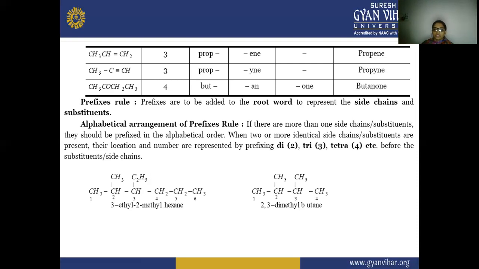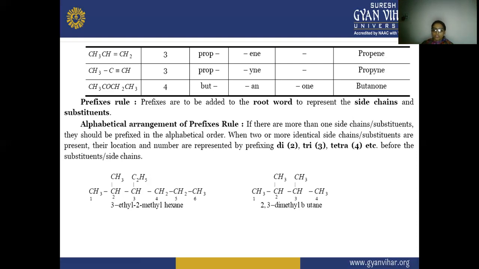Next is CH3CHCH3. In this, on the second and the third carbon atom, methyl groups are attached. So its name is 2,3-dimethylbutane. As the line says, when two or more identical side chain substituents are present, their location and numbers are represented by prefixing di, tri, tetra, etc. before the substituent.